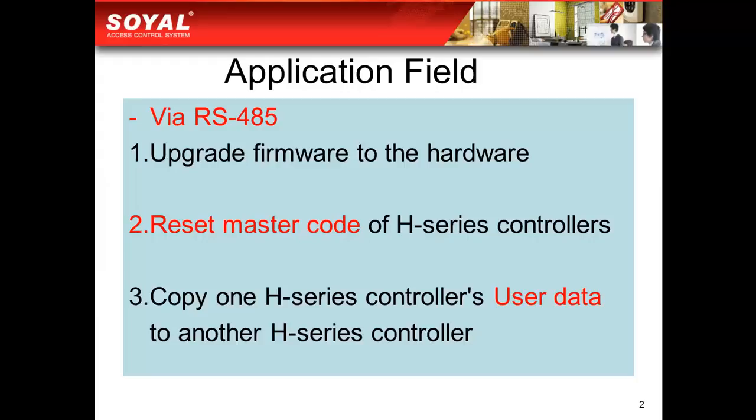Or if we want to add a new function to our controller, we would also revise the firmware and offer the latest firmware to our customer. At this time, we would use our ISP tool to upgrade to the latest firmware.